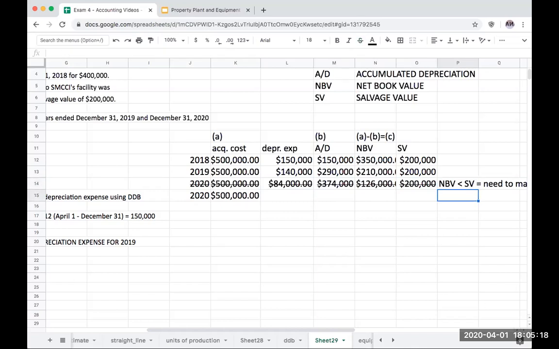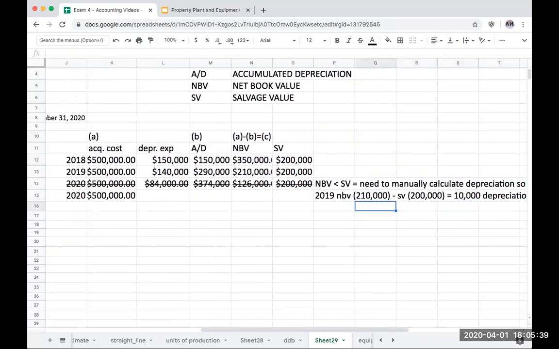What I would do here is I would look in the prior period, or 2019 net book value of $210,000 minus the salvage value of $200,000. Gives me $10,000 depreciation for 2020. So over here, I'm going to take $10,000.